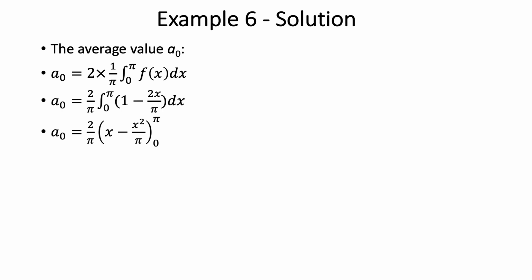Notice that since we use the interval between 0 to pi, the equation has to be multiplied by 2. Continue with the integration. We have A0 equals 2 over pi times x minus x squared over pi, from 0 to pi. Finally, we have A0 for this signal equal to 0.